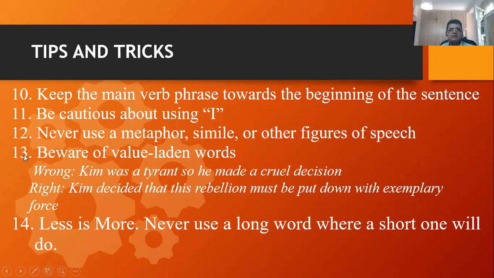Number 13, tip number 13, beware of value-laden words. Value-laden words means strong words that show your idea as a fact. No, sorry, not as your own understanding. For example, you may write, "Kim was a tyrant, so he made a cruel decision." It is not acceptable. Why?